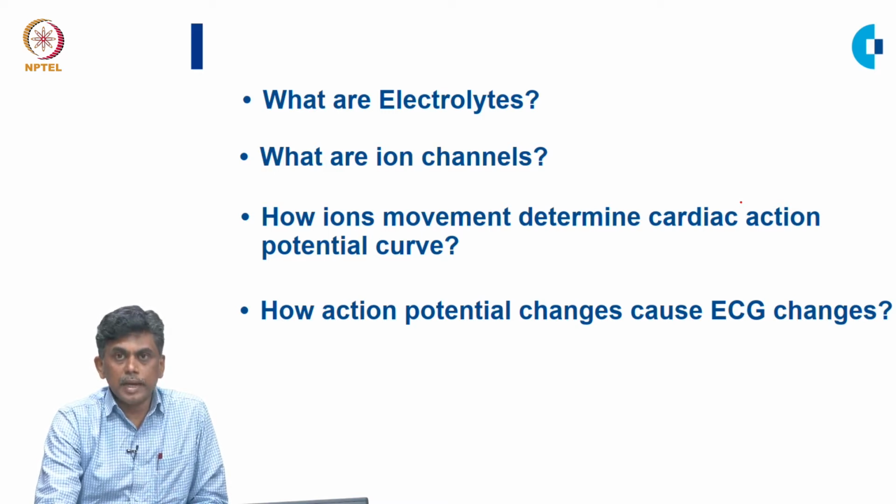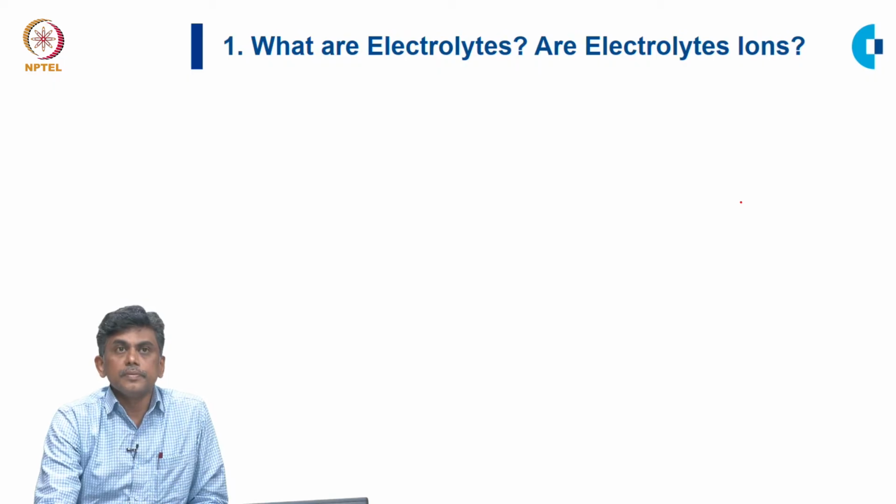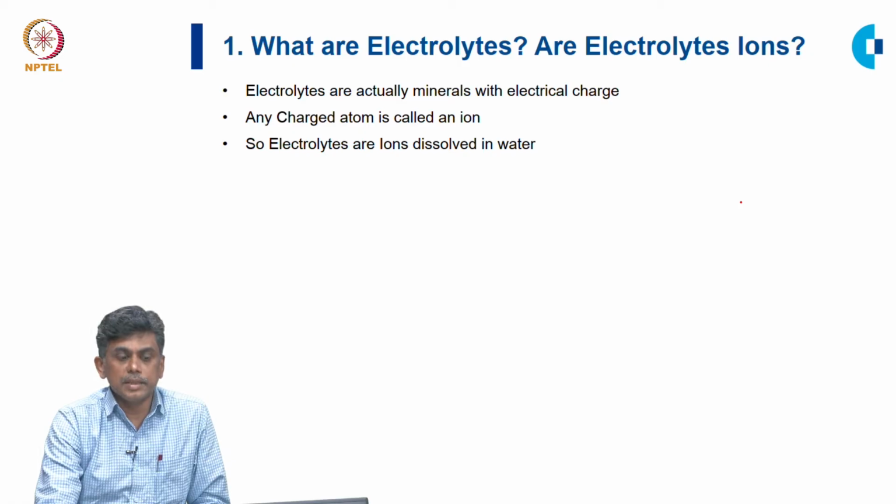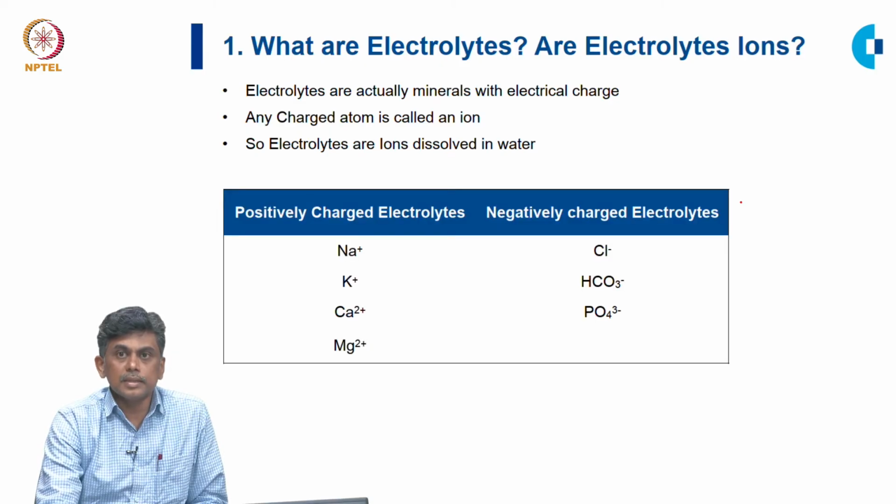So, to the first point, what are electrolytes? Electrolytes are actually minerals, and they are all charged minerals. Any charged atom is called an ion. So, electrolytes are also ions, and they are actually ions in water. There are two types of electrolytes, positively charged and negatively charged.